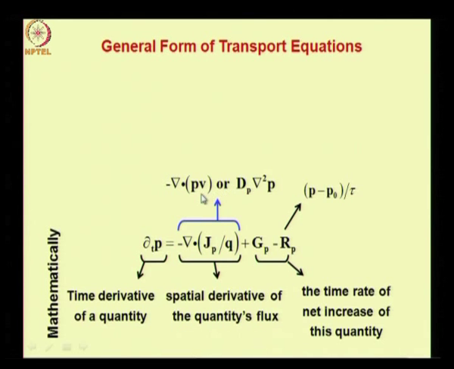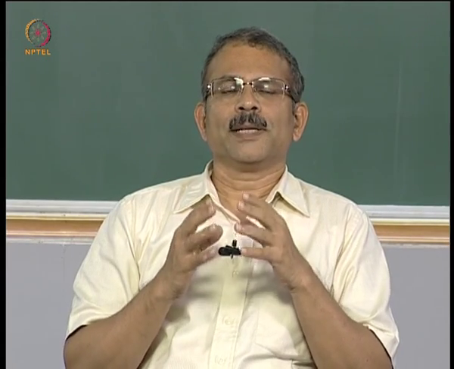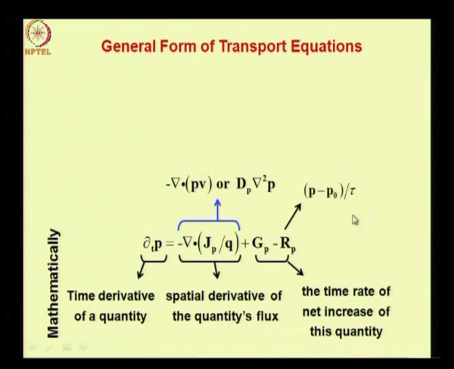So both these forms are possible for this term. Now depending on which form makes physical sense in a given situation, we choose the particular form. We will see shortly with all the examples.